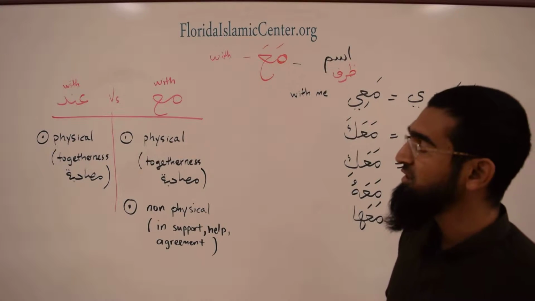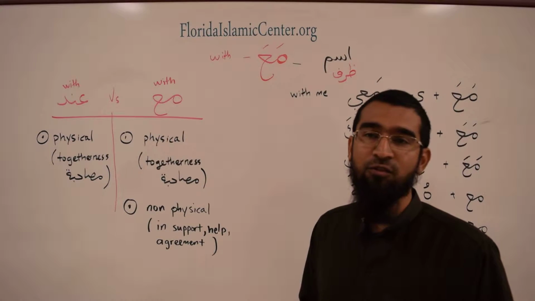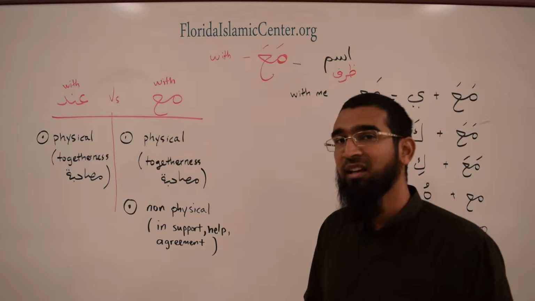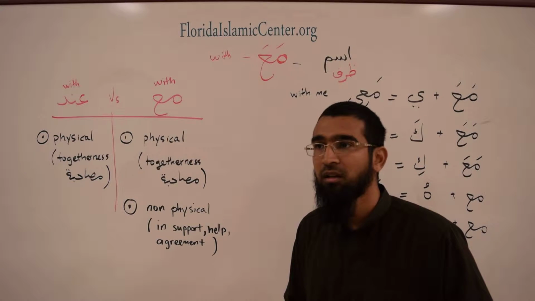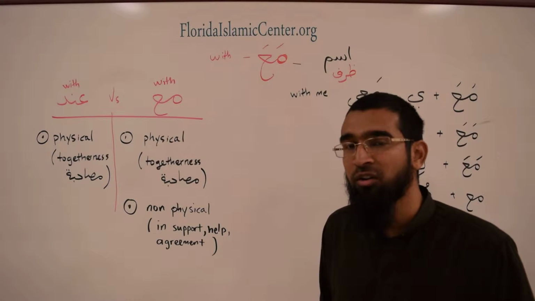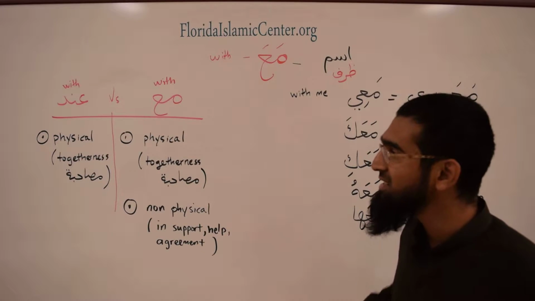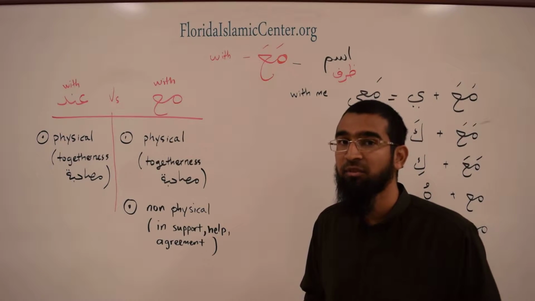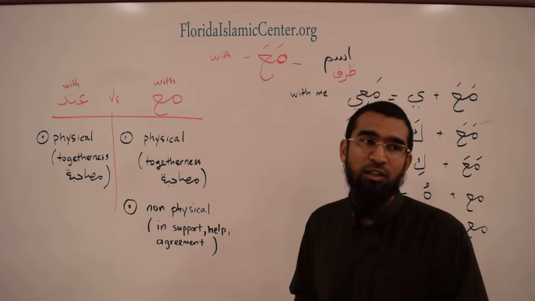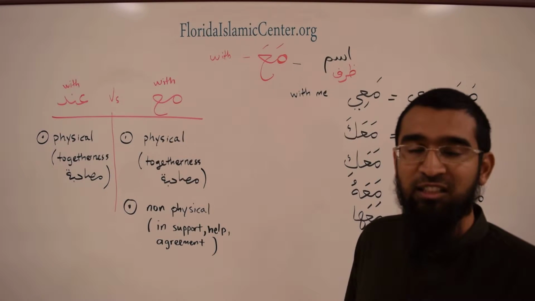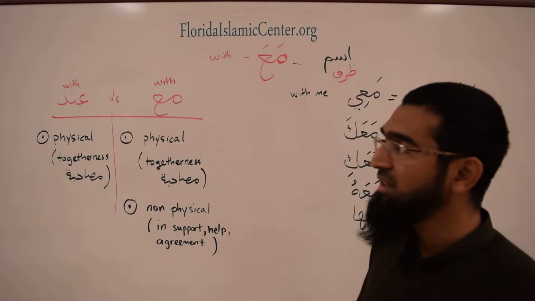So, for instance, if someone asks you, أَعِنْدَكَ الْمِفْتَاحُ? Do you have the key? And you don't have it in your pockets, you may have left it at the house, then you can't say نعم عندي المفتاح. No, because you left it in the house. But if it's on you, or you have access to it, then you would say نعم عندي المفتاح.